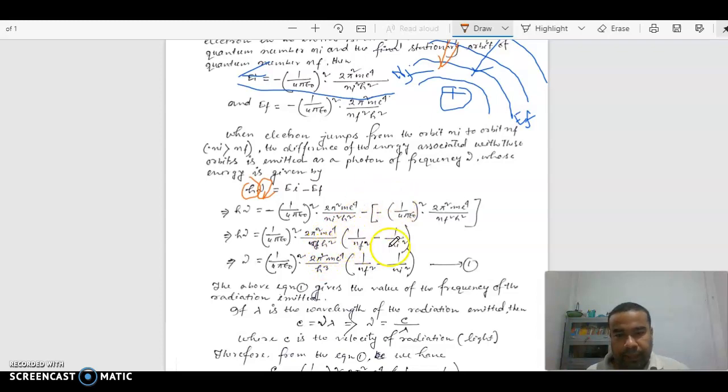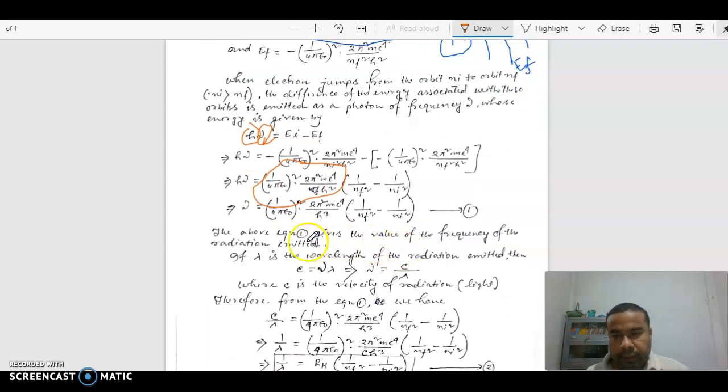The remaining part is 1 by Nf square minus 1 by Ni square. If you bring h to the right hand side, h square becomes h cube.